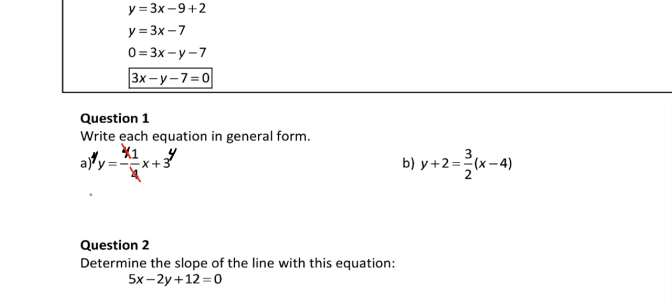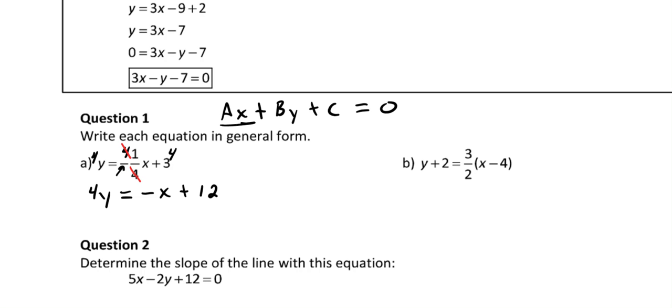But now when we write it out, it's going to be 4y is equal to, don't forget the negative. We didn't do anything to the negative, right? So it's still negative 1x, or just x, and then plus 3 times 4 is 12. Now, again, general form was ax plus by plus c is equal to 0. Like I said in the last one too, to be technical, we should have our x term in the front, and it should be positive.